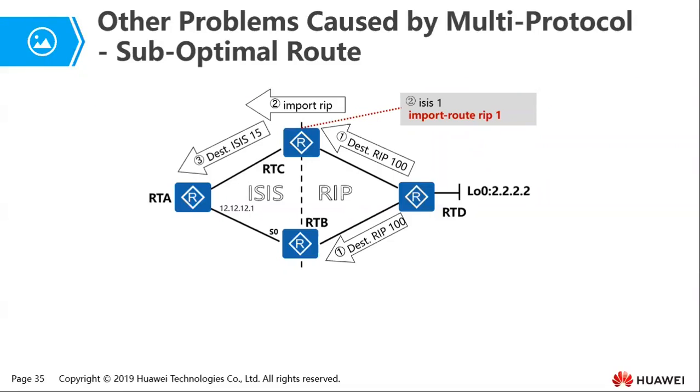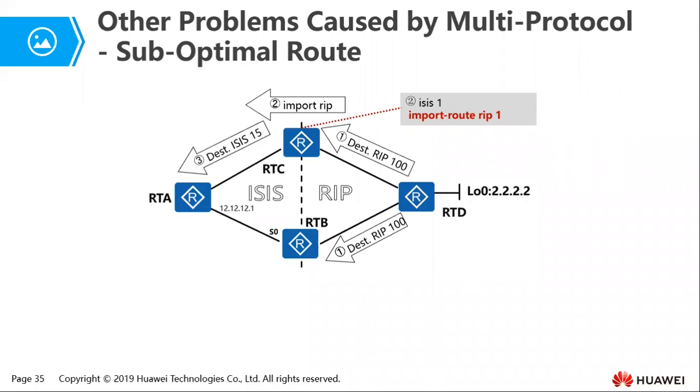And at that point, it will have a preference of 15. So you see, the preference for RIP is 100. You know that routers will look at the routing protocol preference to know whether to import the route into the routing table.